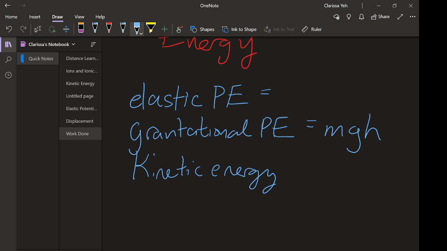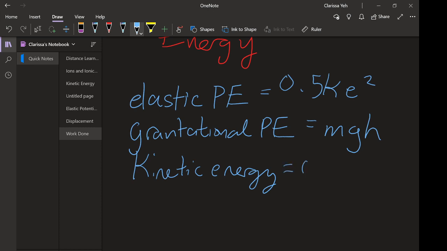Elastic potential energy was 0.5 ke squared, which is 0.5 times the spring constant, which is just a measure of how stretchy something is, and e being the extension, so the change in the length of the spring or the elastic band.